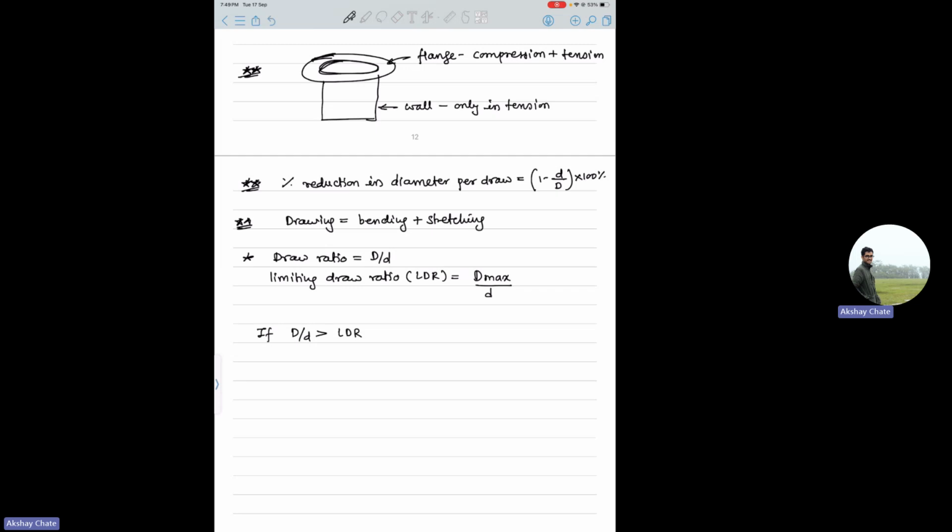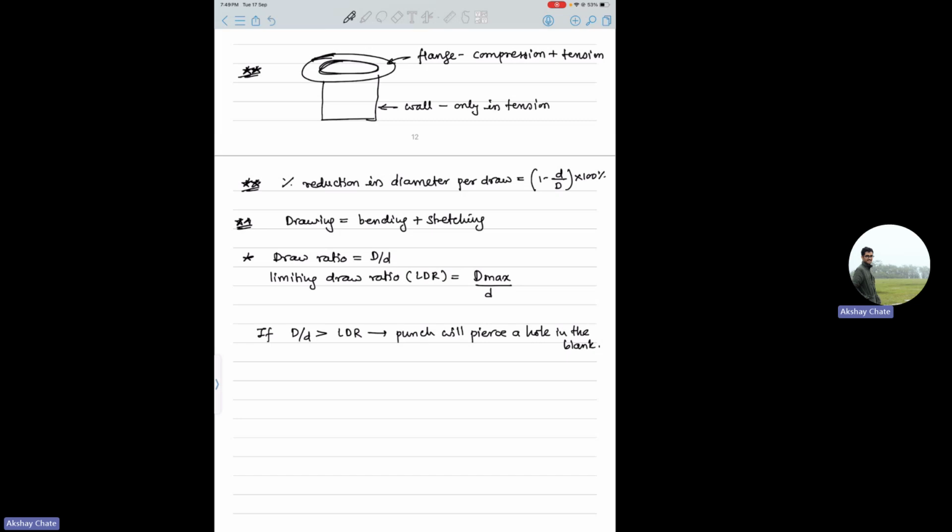In that case, you will not have a drawing operation. The punch will pierce a hole in the blank. So this LDR is basically a limiting case, and you have to always stay within that limit.